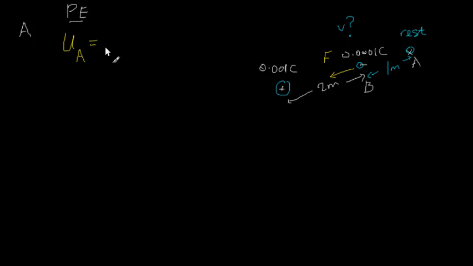To find a value for this, I would use the formula for potential energy, which we've seen just now. I'm taking this charge as big Q. I represent the smaller charge, which is this value here, by small q, and the formula is charge times charge divided by 4 pi epsilon naught times r.